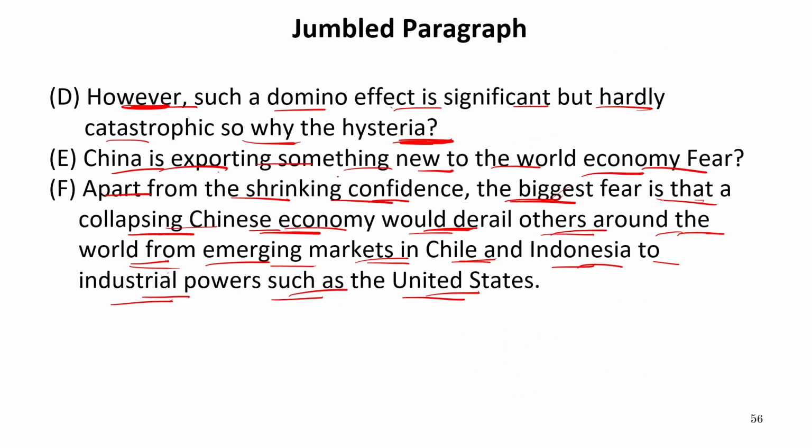Now, in this sentence, the effect of this losing confidence or the shrinking economy is talked about, with how it is impacting other economies around the world around China. So this domino effect is significant but hardly catastrophic.